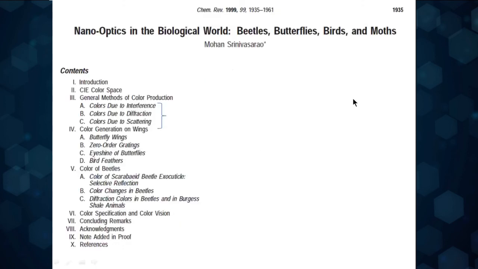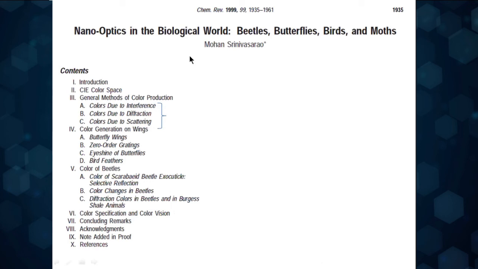Next, I'll switch over to one of the other fascinating concepts where the biological world can give rise to very interesting nano-optical effects. For example, beetles, butterflies, birds, moths, there's a variety of organisms which can give rise to very interesting biological implications.